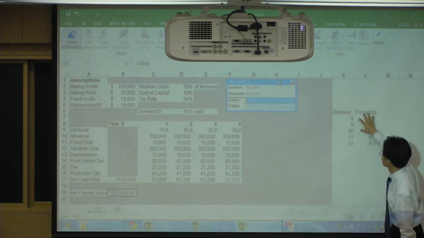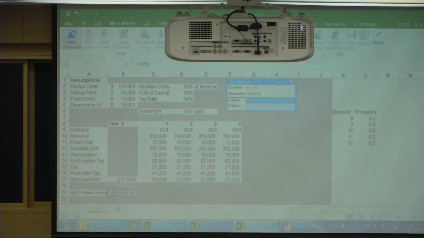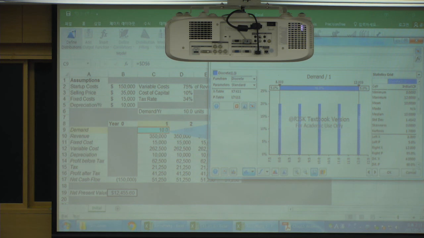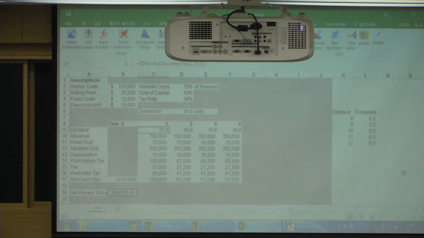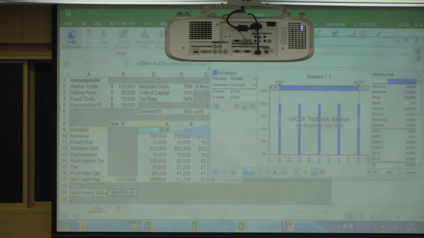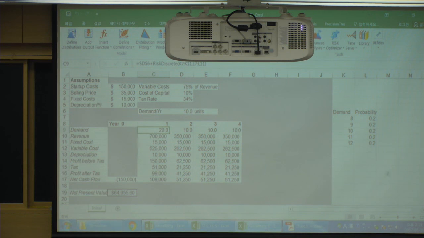For the x, I choose this, and for probability I choose this, and then OK. Then how come this can be 20? Because I have this one, right?